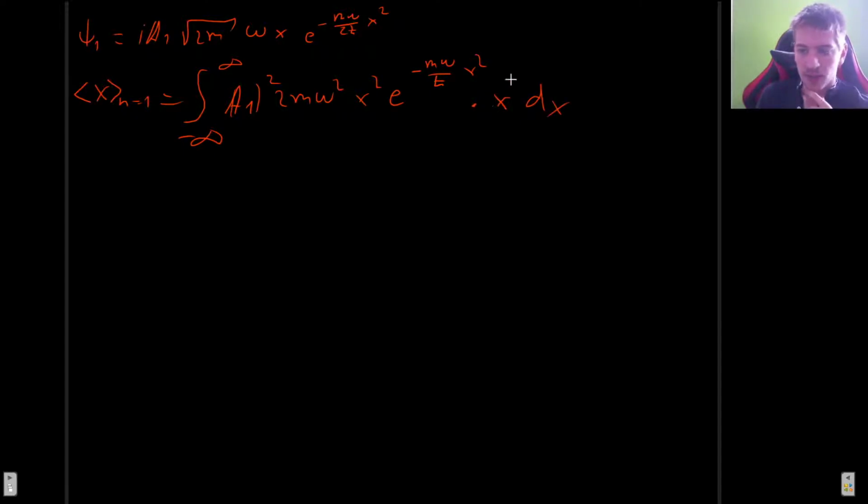Because we have to put the operator in there of what we want to find the expectation value of. So now we can just put this x squared into this exponent right here. And now we just put all of our constants outside. So a1 squared, 2m omega squared.